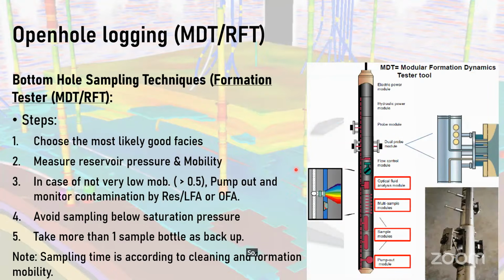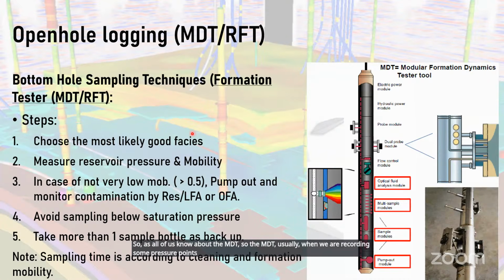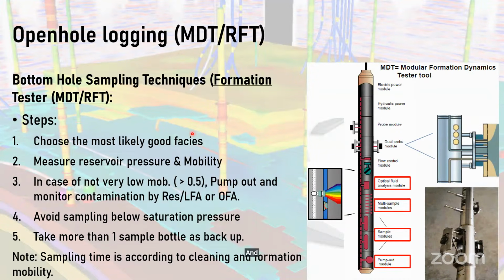So as all of us know about the MDT, usually we are recording some pressure points in our reservoir and maybe also in the aquifer, okay, to extrapolate the two lines and to know the existing depth of the oil water contact or the gas oil contact in case we have a gas cap. So usually we start by choosing a good facies depth, because the MDT may fail when we have tightness in our reservoir.